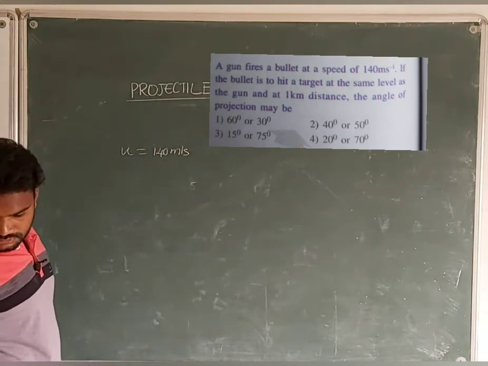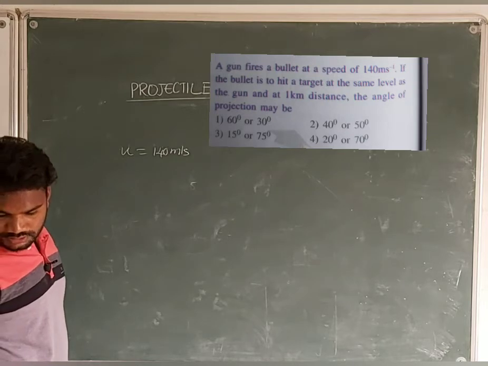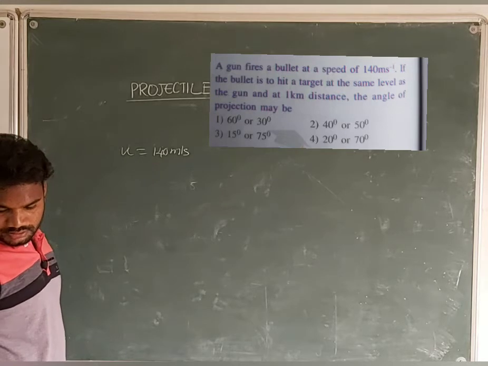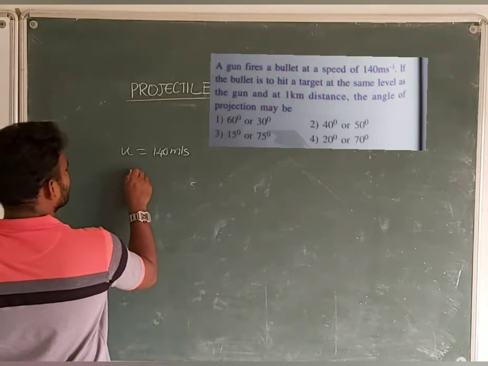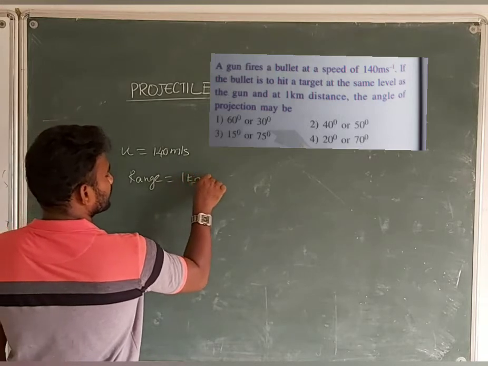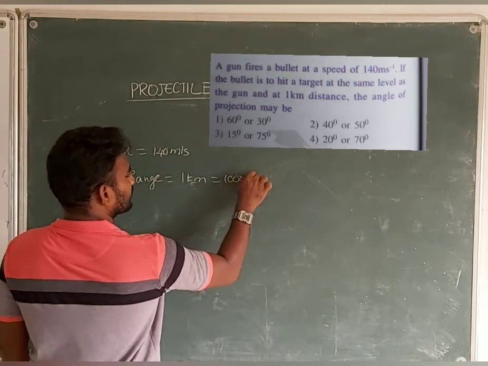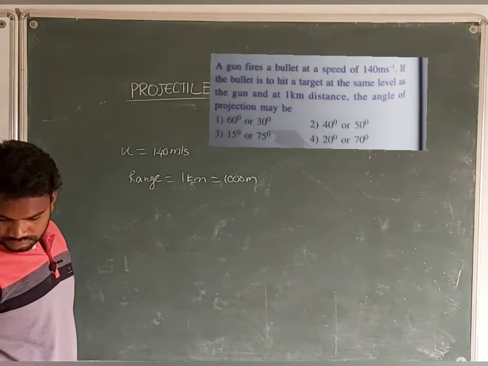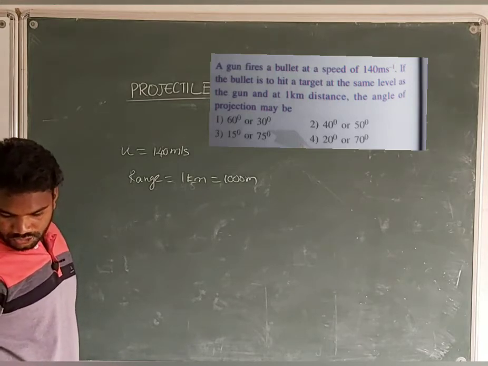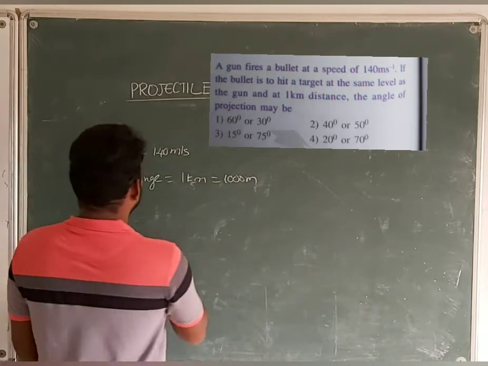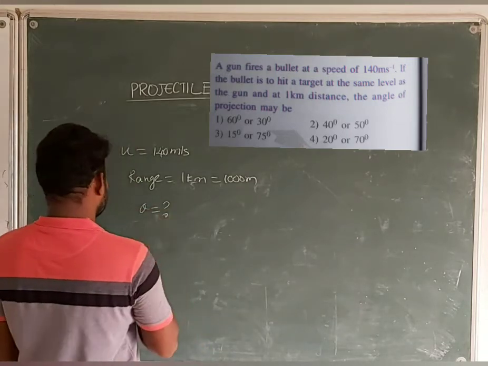If the bullet is to hit the target at the same level as the gun at 1 kilometer, so range is equal to 1 kilometer, that is nothing but 1000 meters. The angle of projection may be dash. The angle of projection is dash, they are asking.